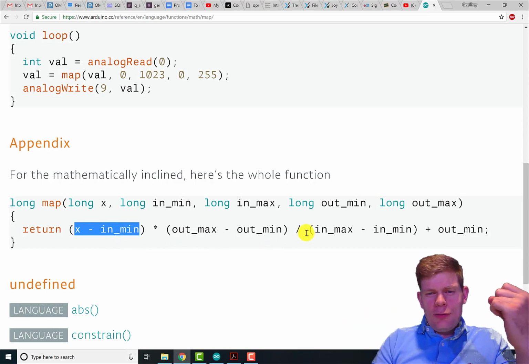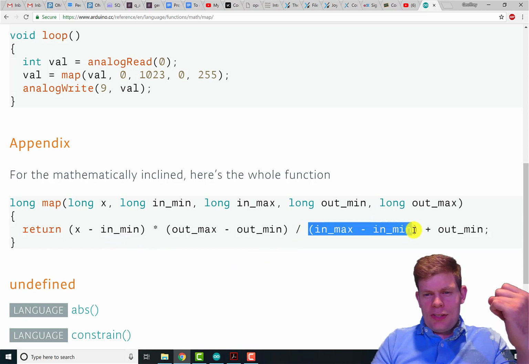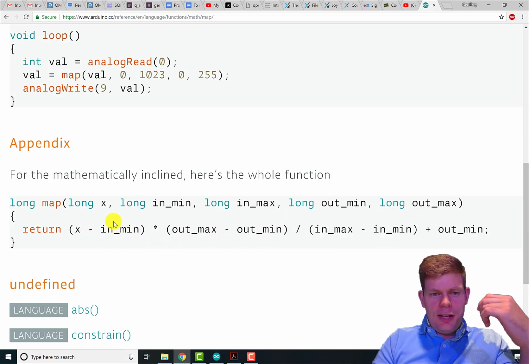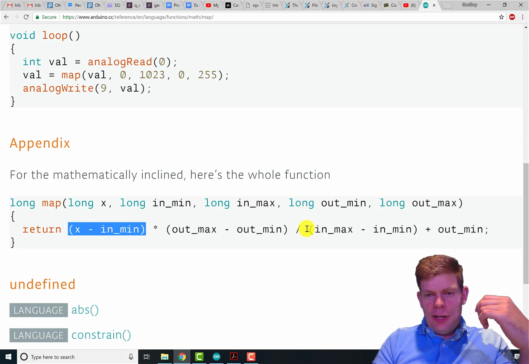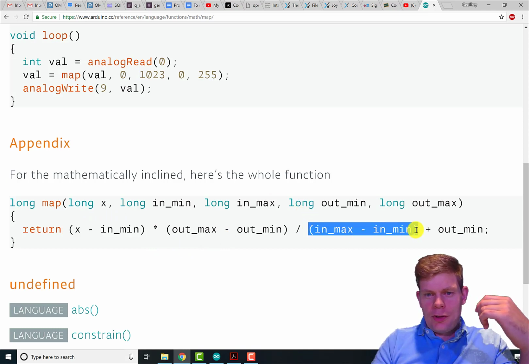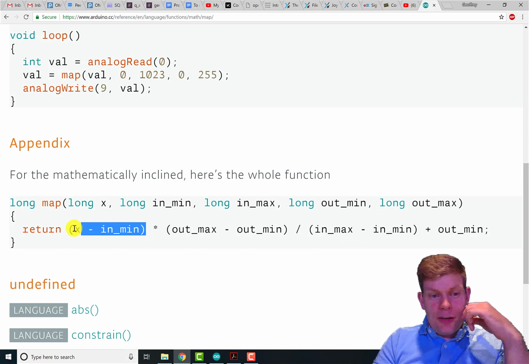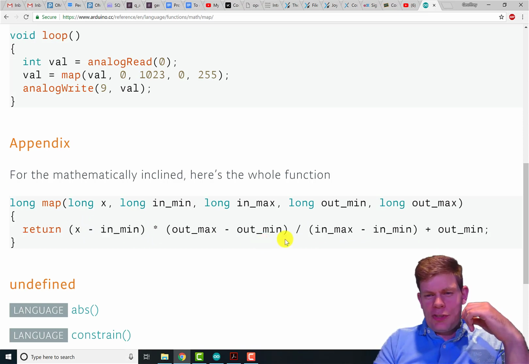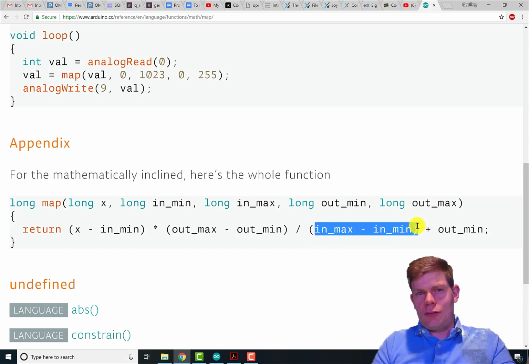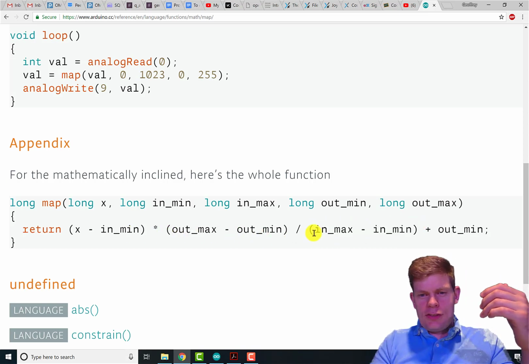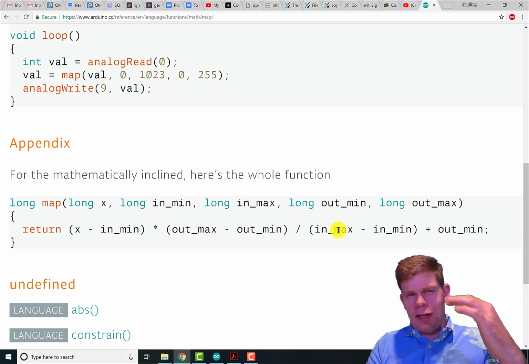And so if we divide it by this, that puts it as kind of like a percentage. Like if we're 50% of the way between in min and in max, this divided by this is 0.5. If x is 75% of the way to in max, this divided by this is 0.75.